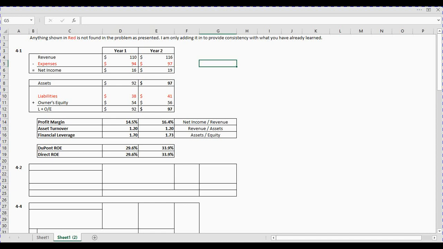And so in any case, that's not a step that you have to do. I'm just presenting it that way so that it might click a little bit better in line with something that you've already learned. So let's go ahead and walk through some of these problems, or all of these problems.